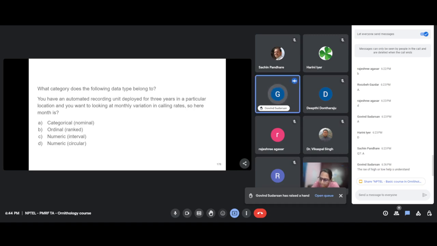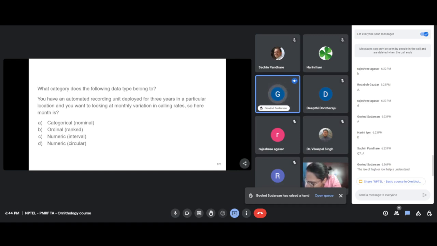Yes, that's my doubt. Even though months are circular by themselves, like January to December every year, in this context the bird calls would have a variation in the succeeding month.